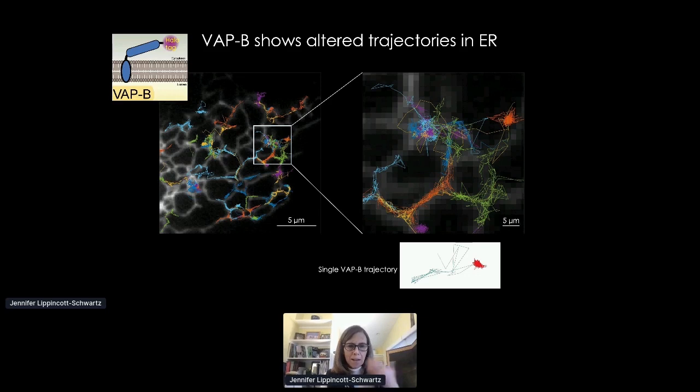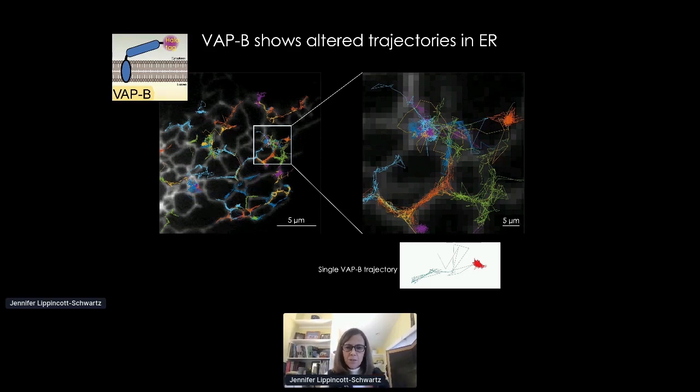VAP-B, as I mentioned, is the ER mitochondrial tethering protein. And what we found for VAP-B is that although it can diffuse freely across the surface of the ER, when it comes in close contact with the mitochondria, it undergoes significantly altered trajectories.